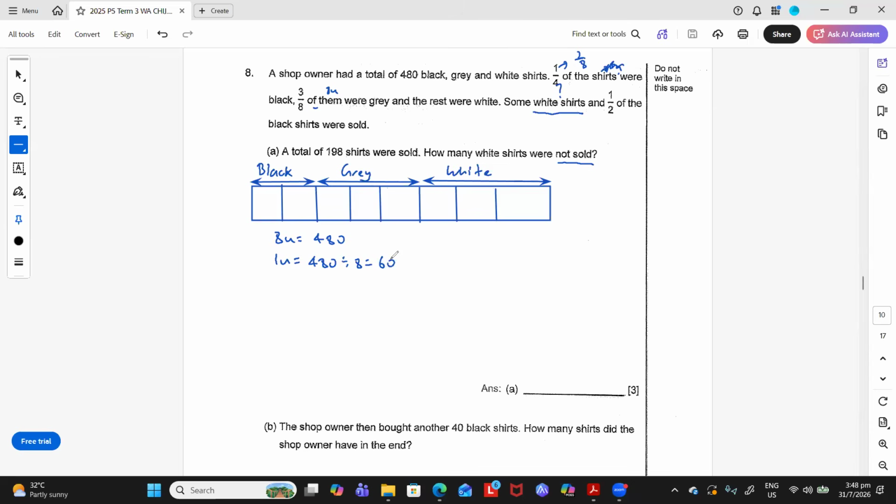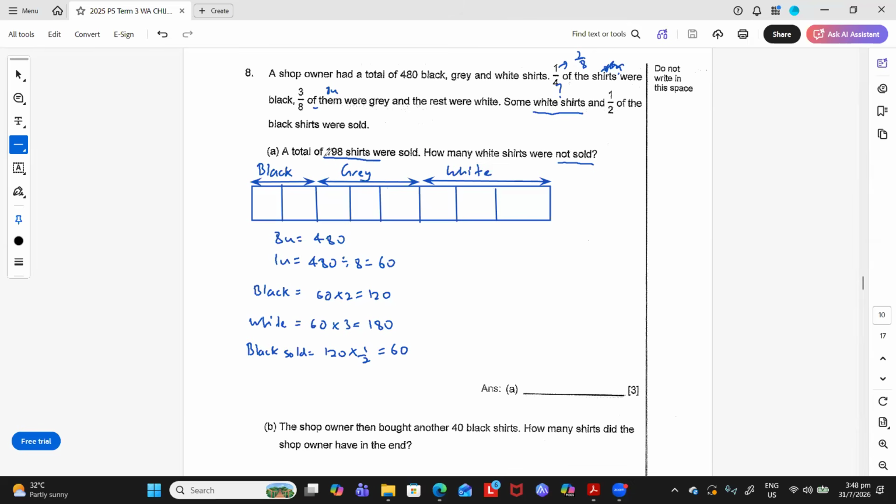So I'm going to find out black and white first. So black is 2 units, which is 60 times 2, and that's 120. White will be 60 times 3, which is 180. Okay, so to establish this first, now they say half of the black shirts were sold. So black sold is 120 times half. You will get 60.